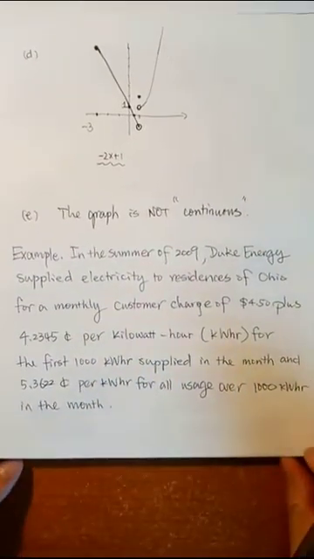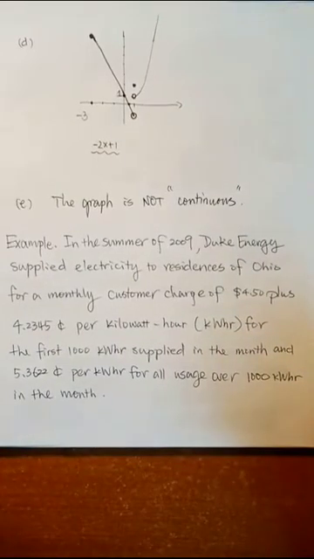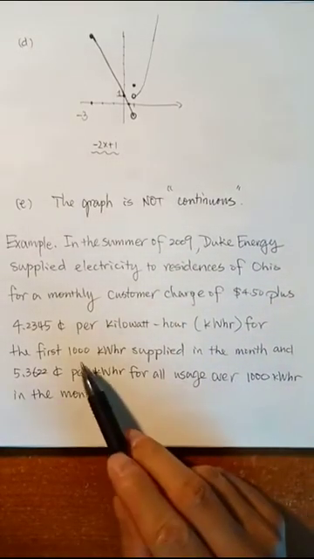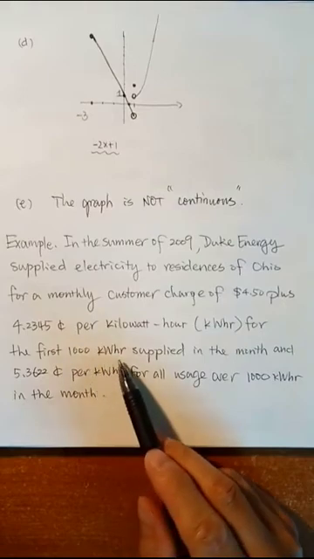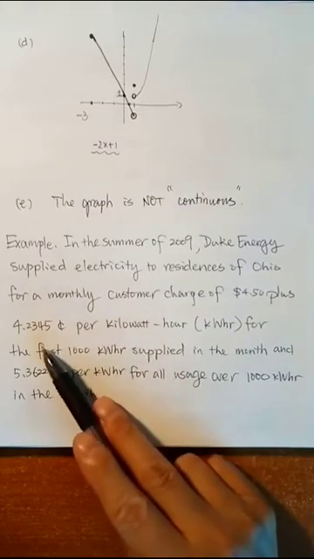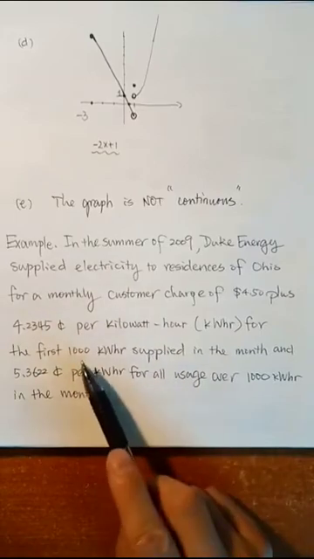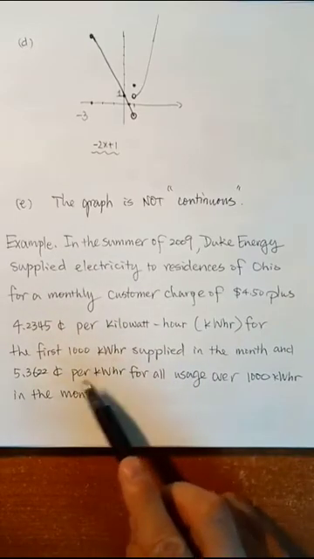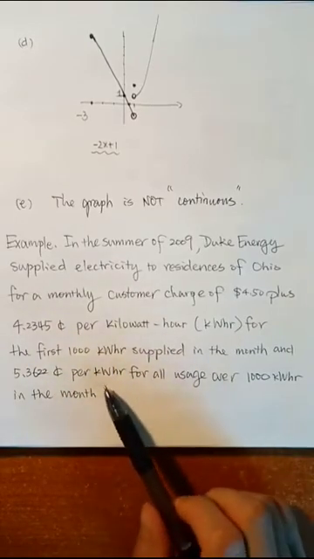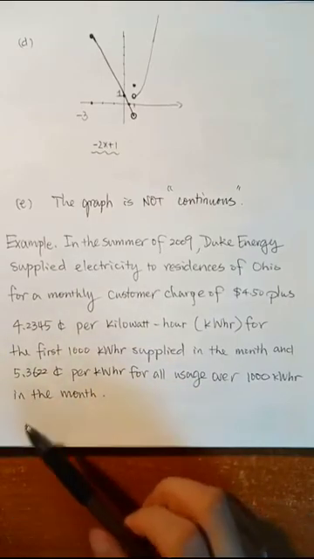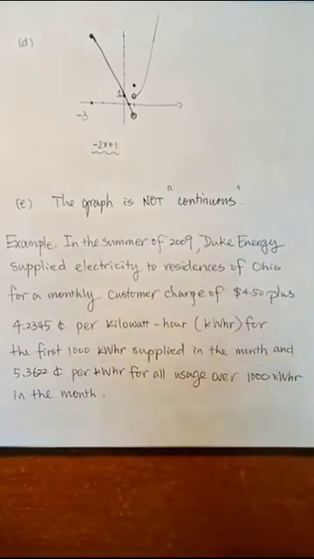Okay, so that's the policy. If you use less, you pay less with a cheap price. If you use more, you will pay an expensive price for the exceeded usage. So within the first 1,000 kWhr, the price is 4 point stuff. Over 1,000 kWhr, each kWhr, the price is 5 point stuff. Okay, so that's the policy.